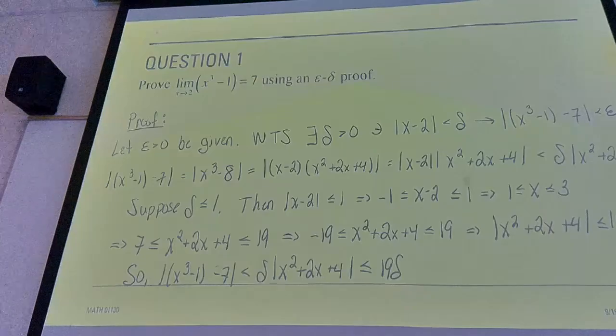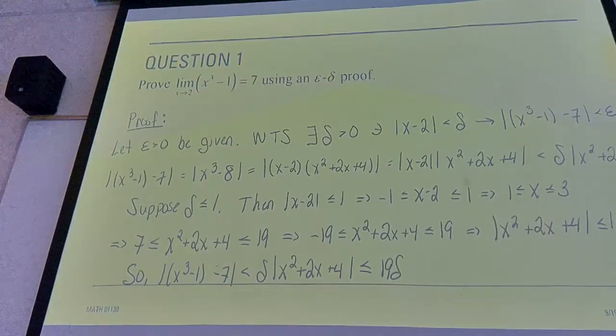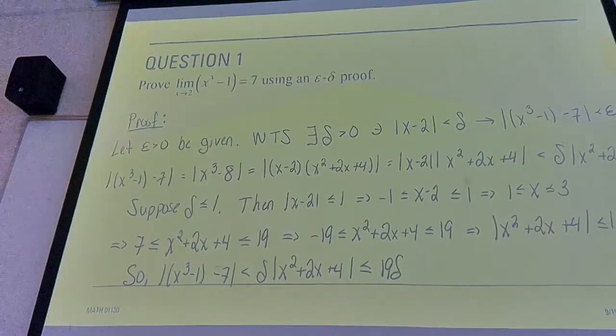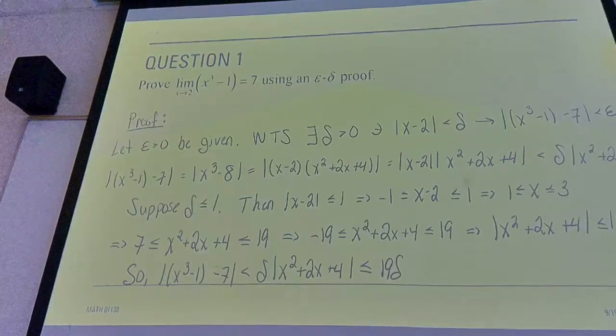What we now have is that the absolute value in question, x cubed minus 1 minus 7, is less than or equal to 19 delta.